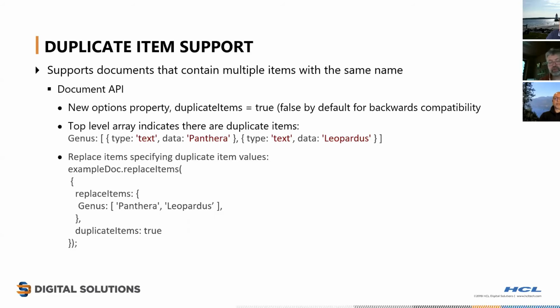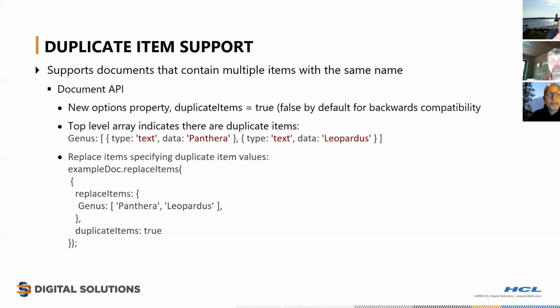So today, if you use Domino DB to access a note that has multiple items with the same name, you will get, I believe, the last item in the sequence, and the others will just be thrown away when you read the data. And so what we've done is we have a way to represent these multiple items with a top level array.